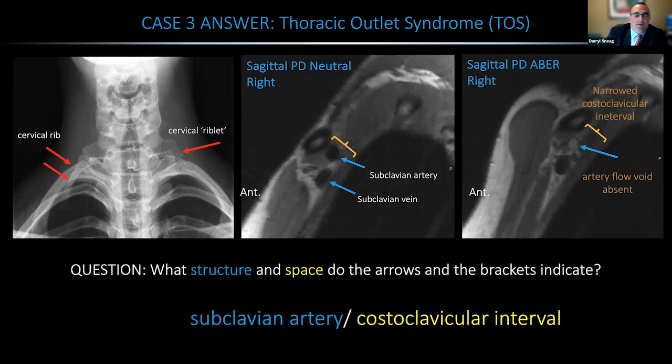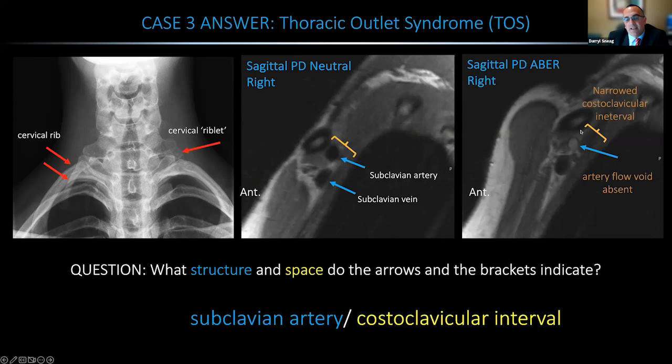And one of the intervals that my surgeons ask us to measure in both the neutral position, that is with the arm by the side, and the ABER position, or the abducted externally rotated position, is the costoclavicular interval. So costo referring to the rib, the first rib, and the clavicle, just looking at the outer cortex.